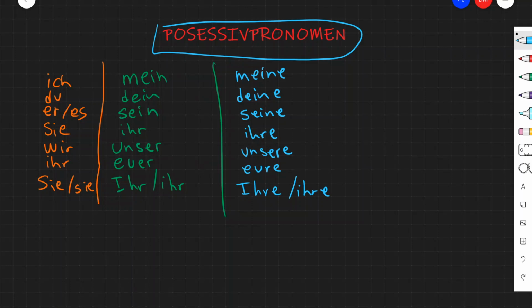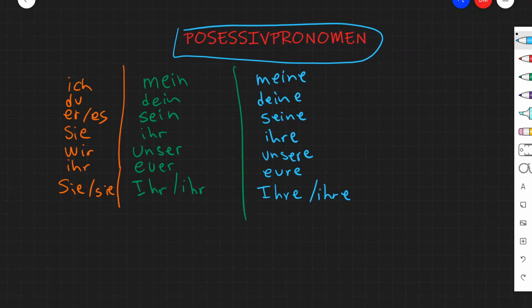Okay, so what you have to remember is that in German you have different genders of nouns. You have die, der, and das, which basically mean feminine, masculine, and neuter. So the genders are neuter, masculine, and feminine.